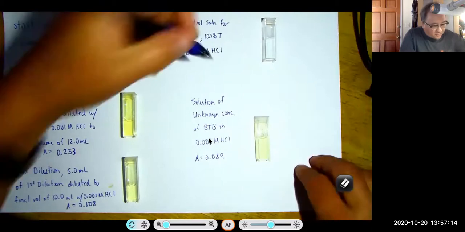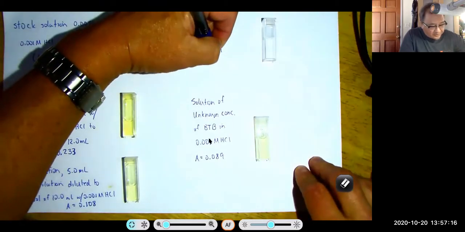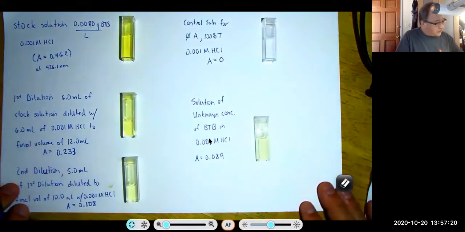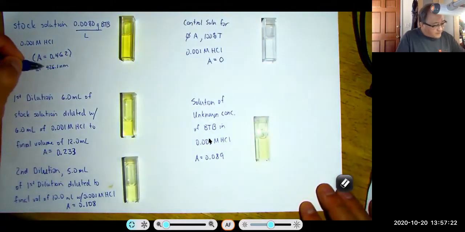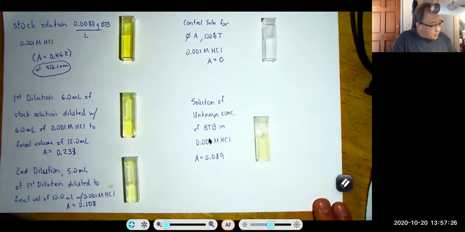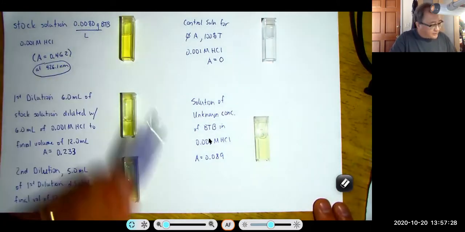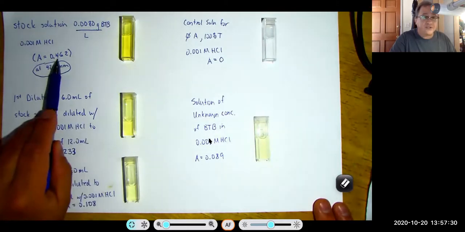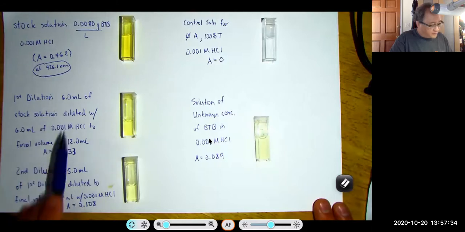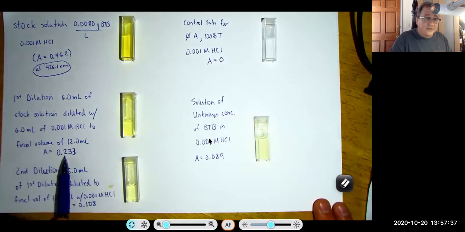Now here, the absorbance is equal to 0 because that's the calibration. So we're working at 426 nanometers for each of these different solutions. And the absorbance for the stock solution is 0.462. The absorbance for the first dilution is 0.233.